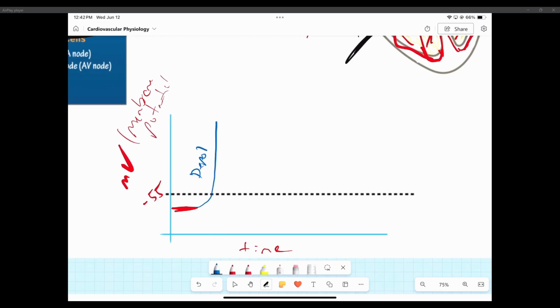Just like we learned in general phys, what is the ion responsible for depolarization? Sodium. Still sodium here. Then, when we get to the top, we have a very, very minor start of a repolarization.